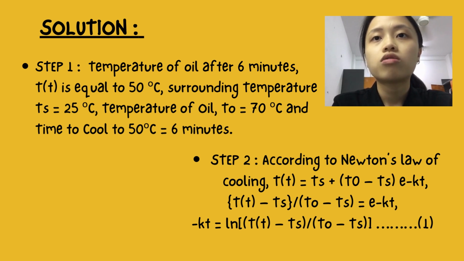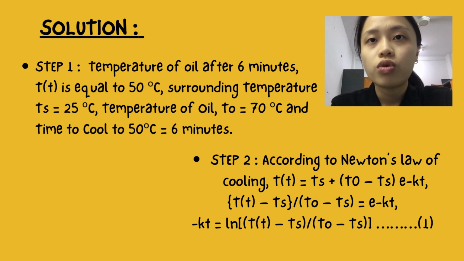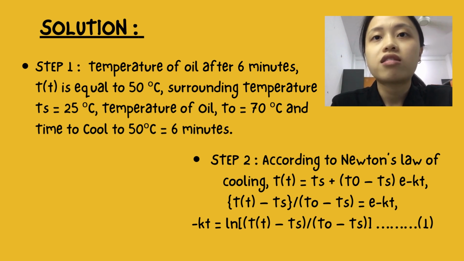Step 2. According to Newton's law of cooling, Tt equals Ts plus (To minus Ts) multiplied by e to the power of negative kt. We move the Ts to the left hand side, and we get Tt minus Ts.